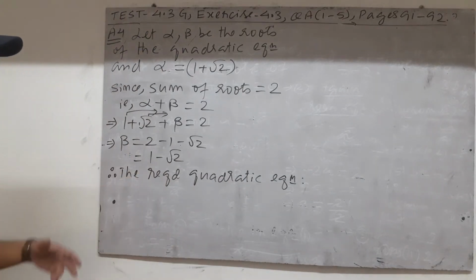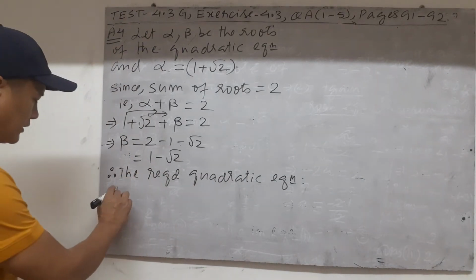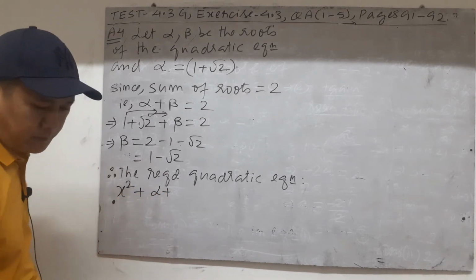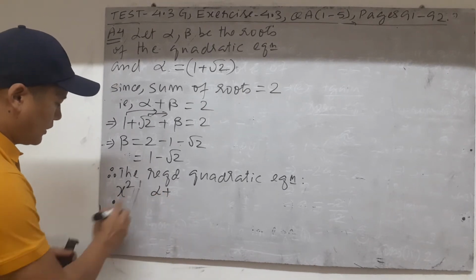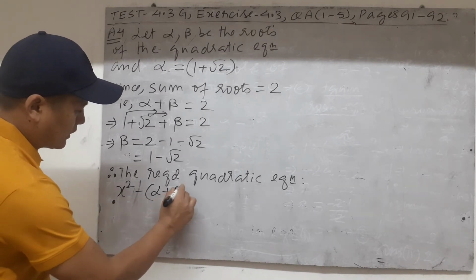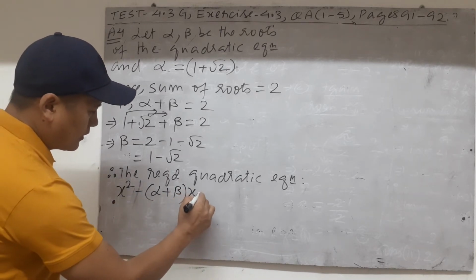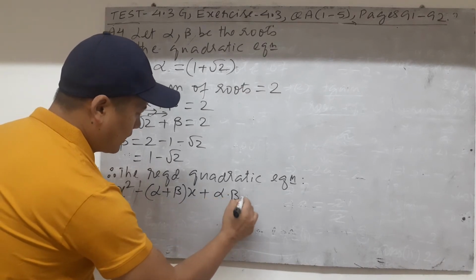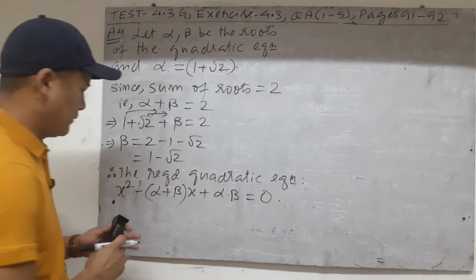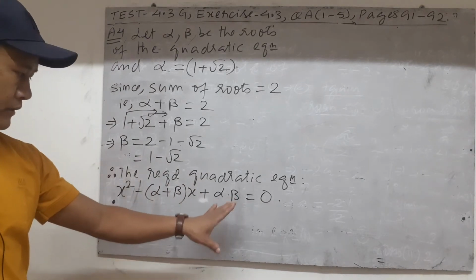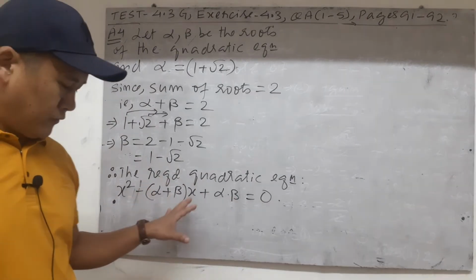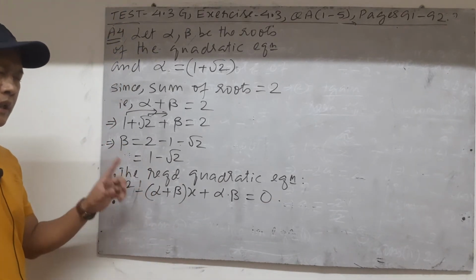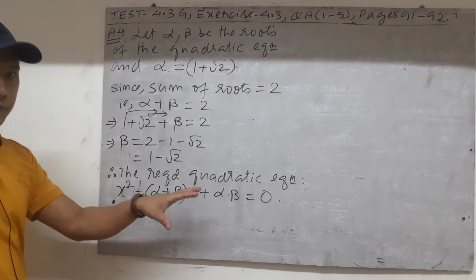Formula for finding the required quadratic equation is this one, general formula: x squared minus alpha plus beta in bracket, the sum of roots, into x, plus product of roots, which is alpha into beta. This is the formula we need to keep in our memory, memorized, when we want to find an unknown quadratic equation. That is the formula: x squared minus alpha plus beta into x plus alpha into beta equal to 0.